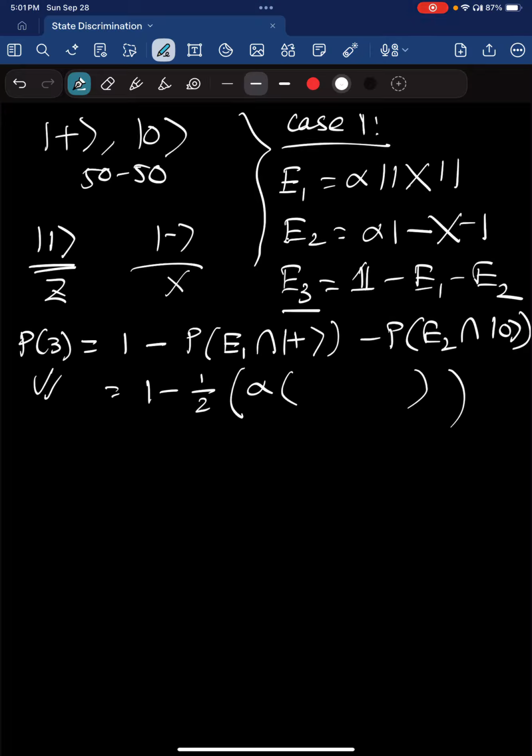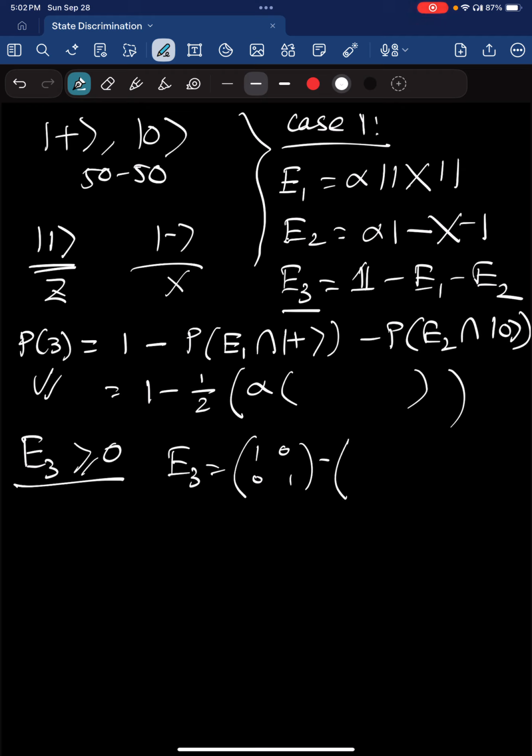So the first condition is that E3 has to be positive semi-definite, and we know that the more the alpha, the better the probability of success here. So now what's the matrix of E3? We can take [[1,0],[0,1]] minus alpha times the matrix with the 1 1, minus 1, minus 1, and 1 terms.